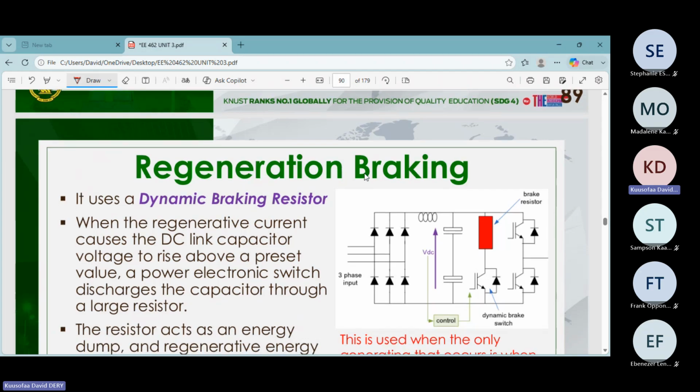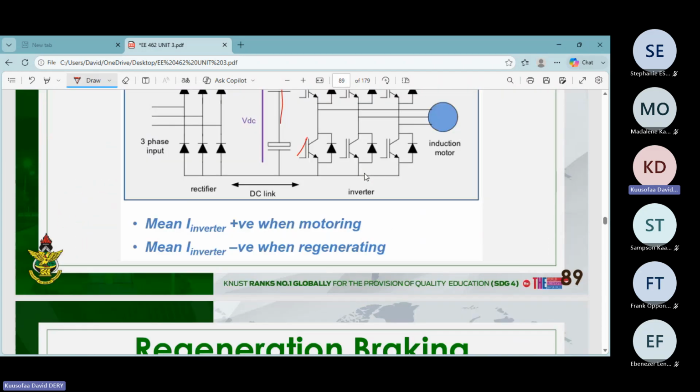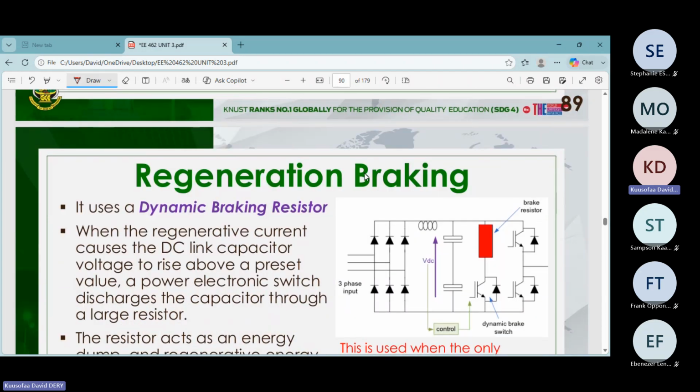So one way to prevent the voltage from rising above the limit is using a dynamic braking resistor. You introduce a resistor and add a switch, so that when the voltage goes beyond a certain value, you turn on this switch for the capacitor to discharge through the resistor.